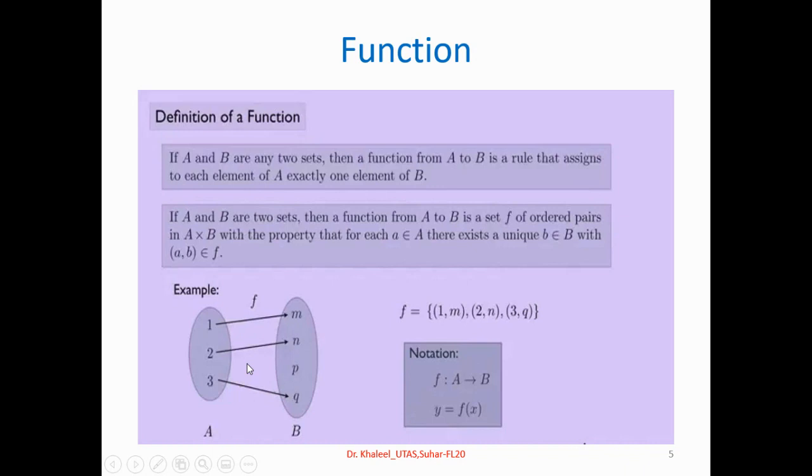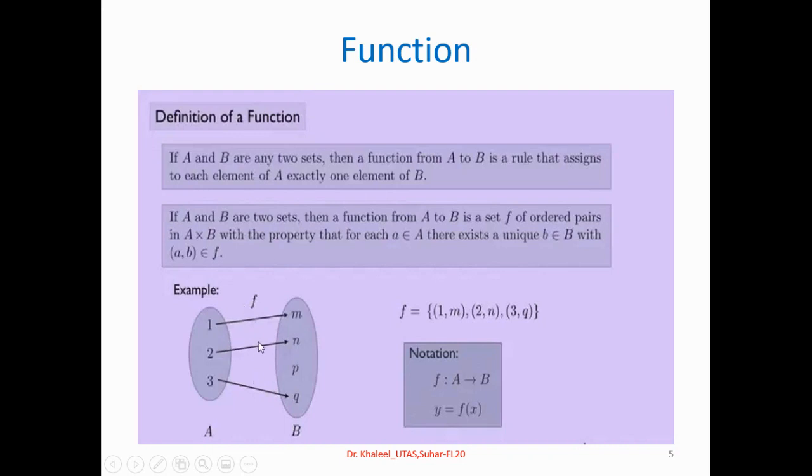If I want to put the same thing in the definition form, then F is equal to, in A cross B, (1, m), the first element, (2, n), the second element, and (3, q), the third element. So this is a function in the A cross B format.